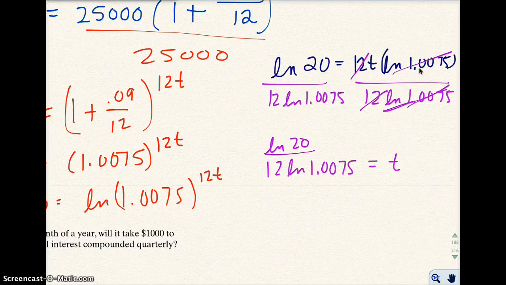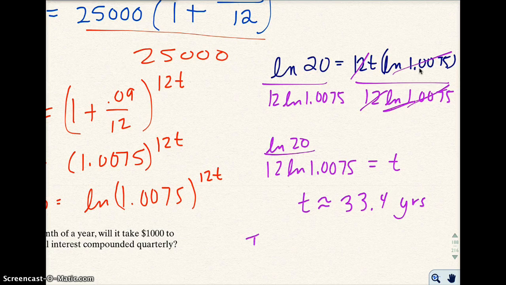And I figure that out. The natural log of 20 equals that. On my calculator, divided by 12 natural log of 1.0075, and I get t is approximately 33.4 years.